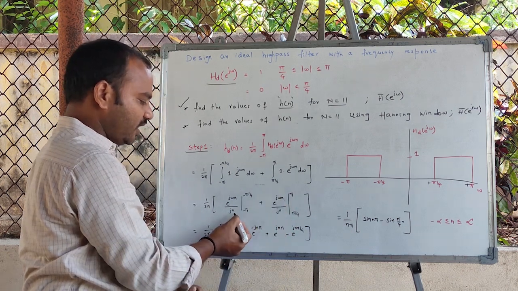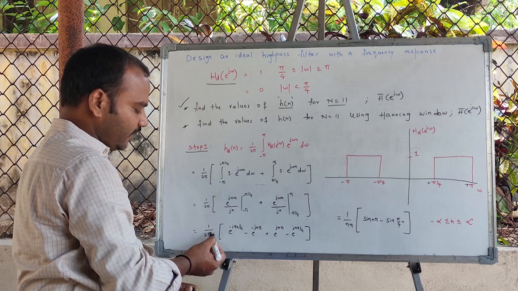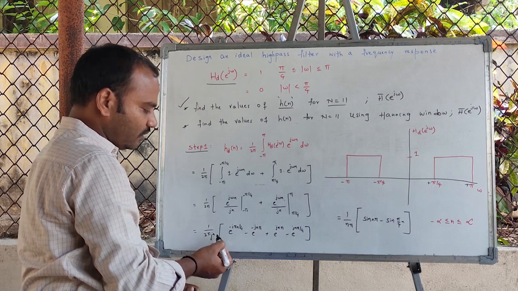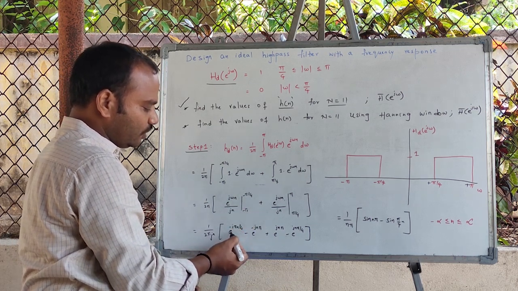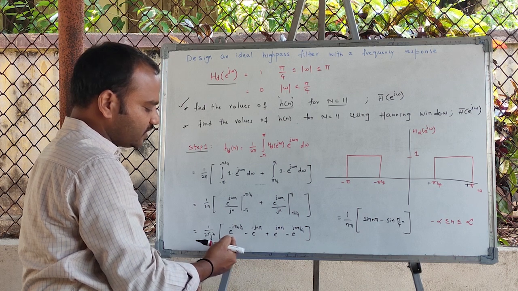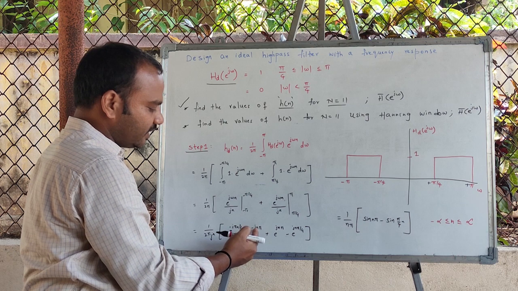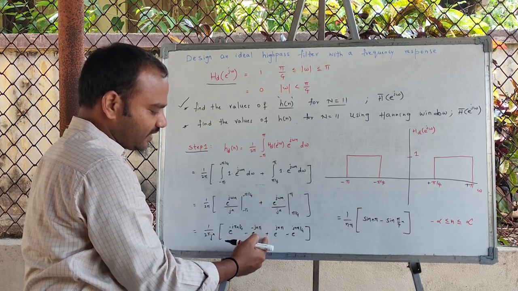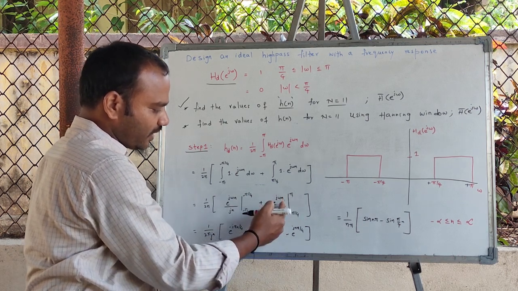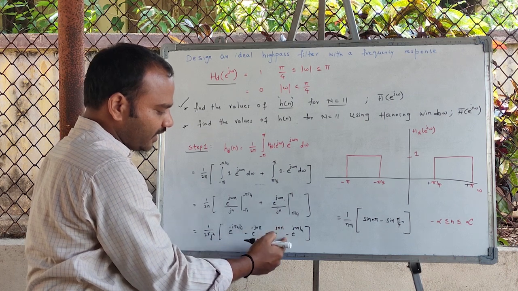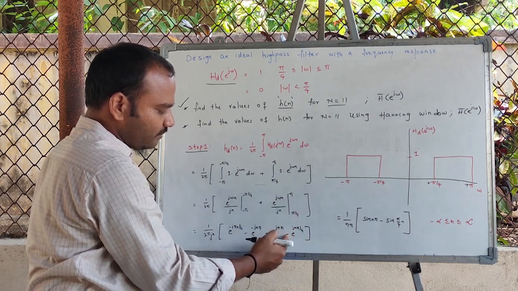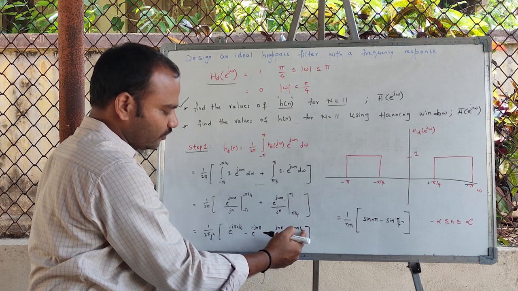Now take this jn common, then you will get 1 by 2 pi jn. Now substitute the limits, you are going to get e power minus j pi n by 4 minus e power minus j n pi, plus e power j n pi, minus e power j n pi by 4.